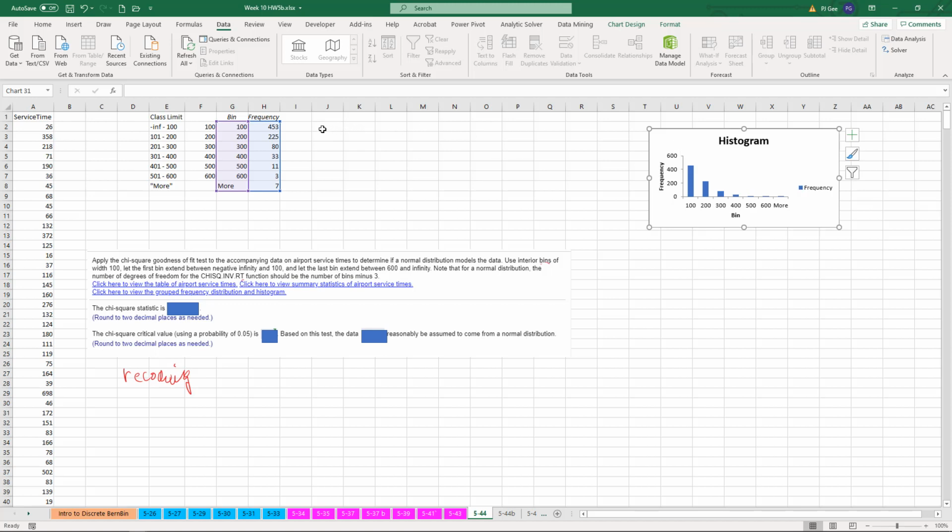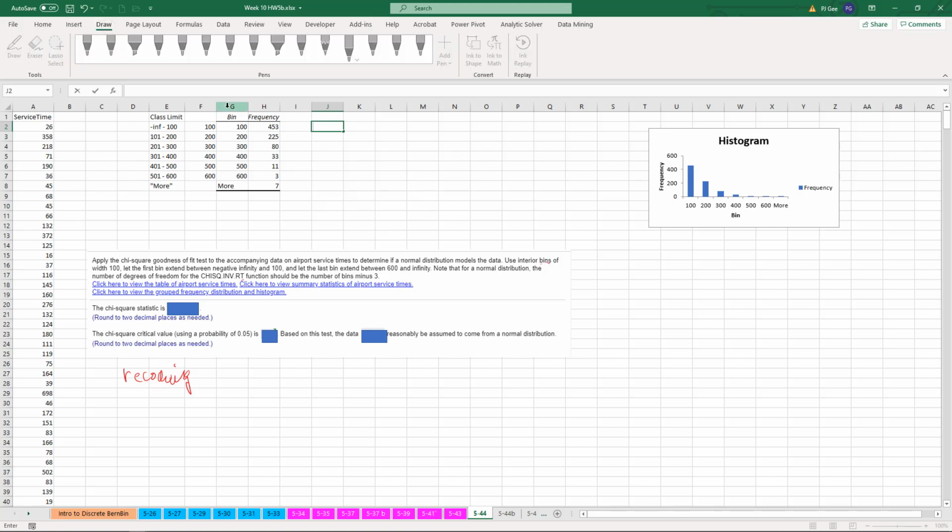Okay, so what are we going to do? Well, it wants us to run normal distribution on this data. We know how to do that. We're going to norm.dist it, right? Okay, so let's do equals norm. Let's suppose it was normally distributed, right? When we do the norm.dist, it tells us the percentage under the curve up to a certain point.